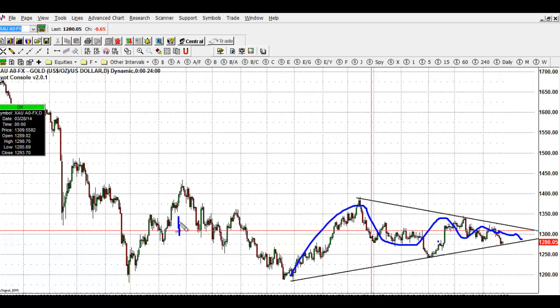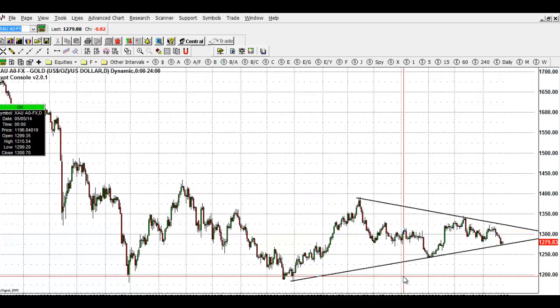So since August of 2013, you see that the market was maybe about 1400, and now it's at 1280. So the market has been in a very tight range, and I just get the feeling when this market does break certain levels, we could see a significant price move.